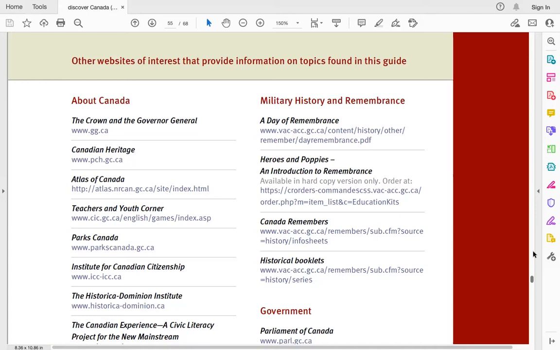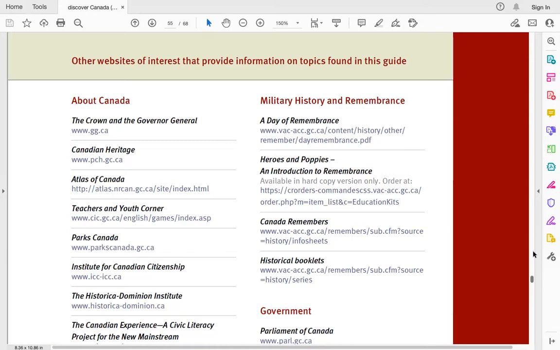Websites about Canada: the Crown and Governor General, www.gg.ca. Canadian Heritage, www.pch.gc.ca. Atlas of Canada, atlas.nrca.gc.ca/site/index.html.